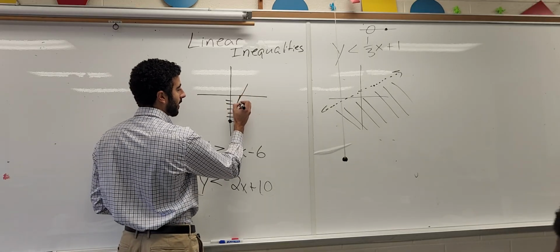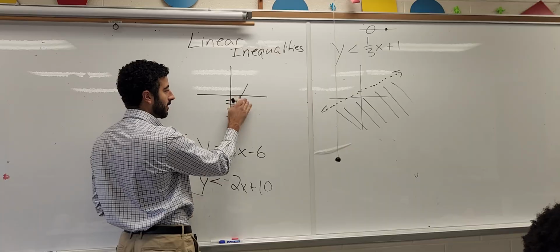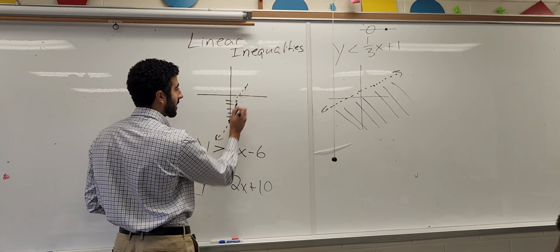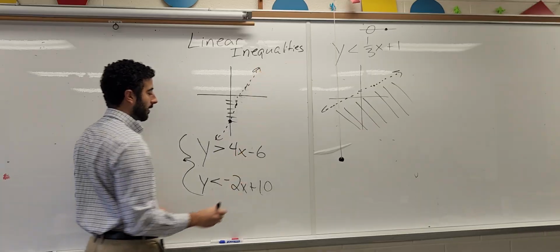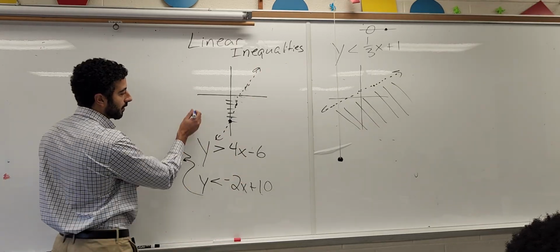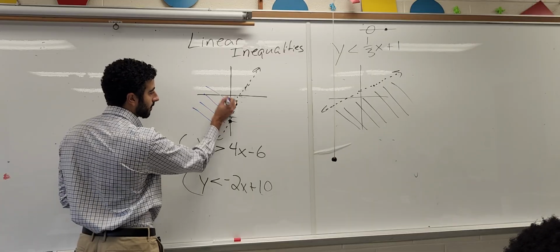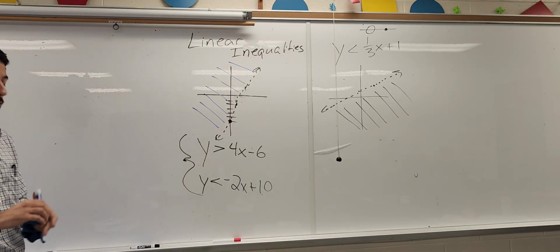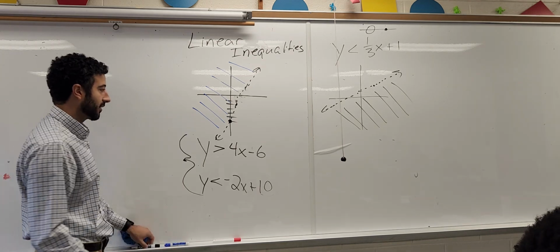And because it's not equal to, we've got to make a dashed line. Almost forgot that part. And we're going to be shade above it, so let's do that. This is not my solution, this is just the work to get to the solution, but you'll see it in a second.